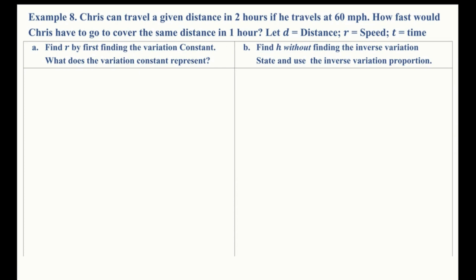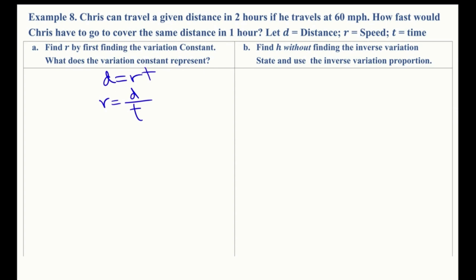As you know, D equals RT, right? So if I solve that equation for R, I get D over T. So the fixed value here is the distance that doesn't change, right?